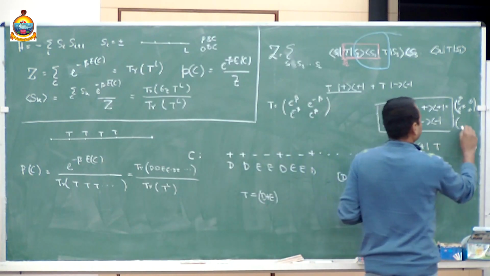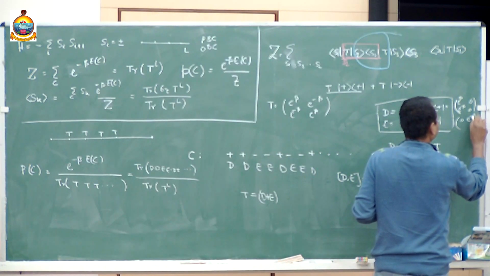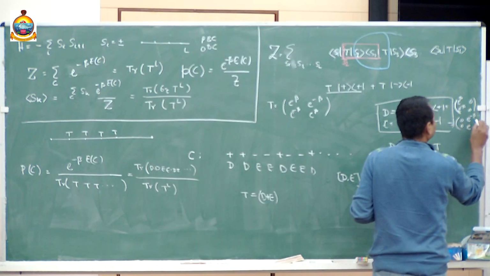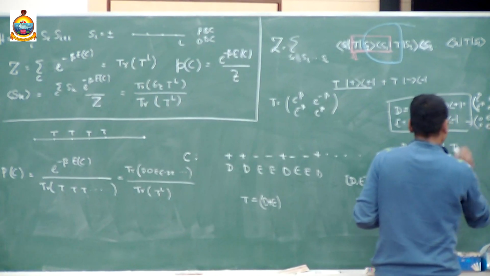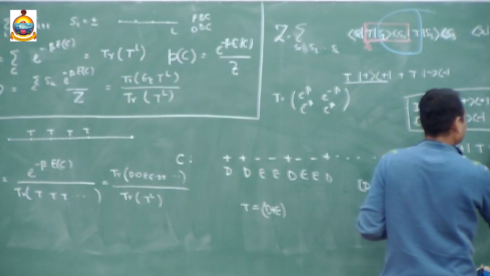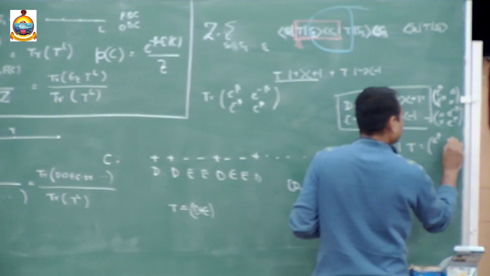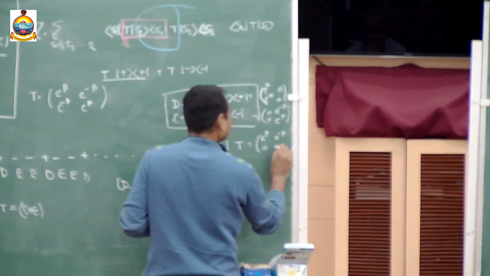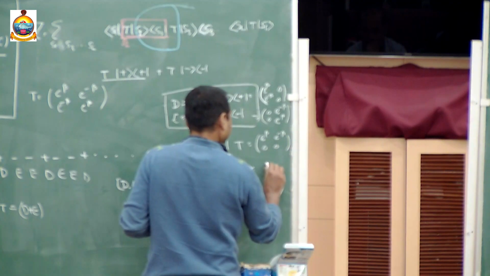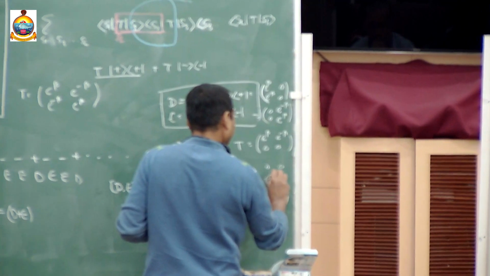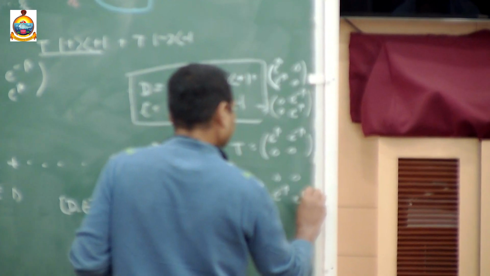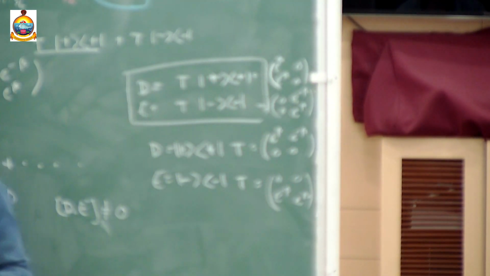So E equals 0, 0, e to the power minus beta, e to the power beta. This one is a little different. So there are two different representations of the matrices.